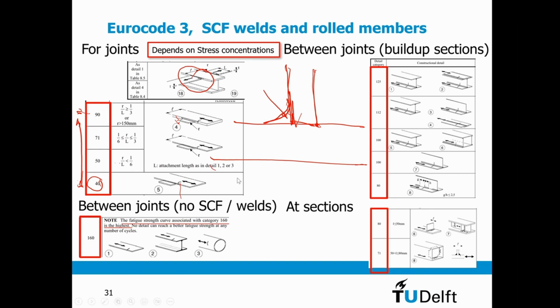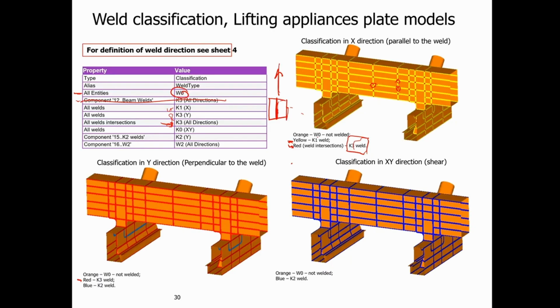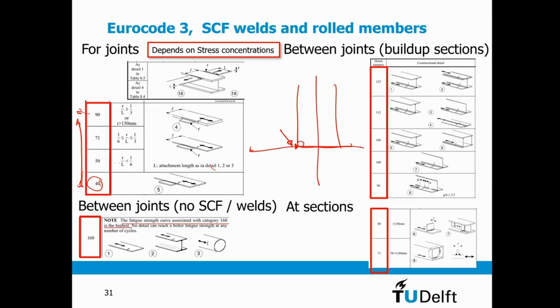What you need to take into account, though, is that these detailed stress concentrations are the reason you have a lower fat class: at the connection here, I have a huge stress concentration factor. If I use a beam element, I do not take into account this stress concentration. But if I have a plate model, then the stresses here already are much higher.